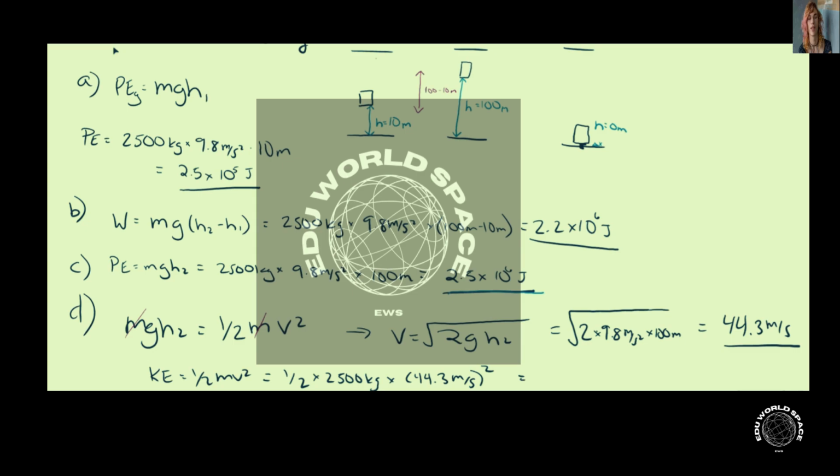And that is going to give us a total energy of 2.5 times 10 to the 6 joules. But we already knew that because that has to be equal to mgh2, right? That's what we said right here. So it makes sense that this is the same as part C.